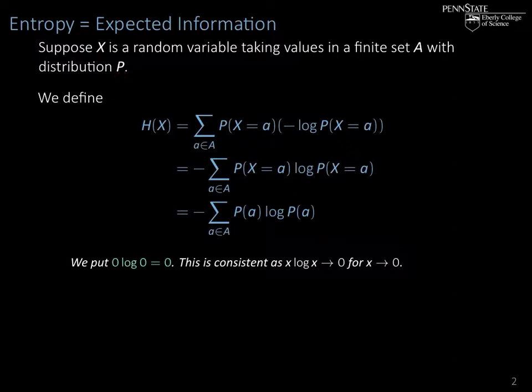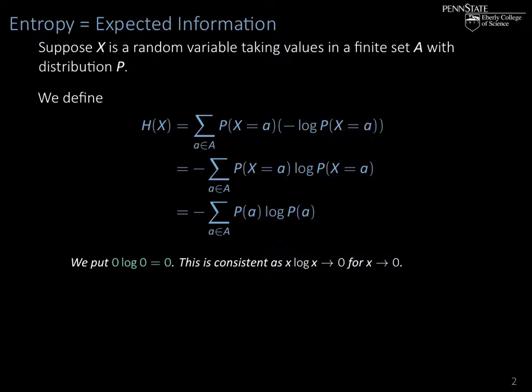So we define the entropy of X, H of X, usually denoted as the sum over all elements a of A, P of X equals a, times the negative logarithm of the probability that X equals a.